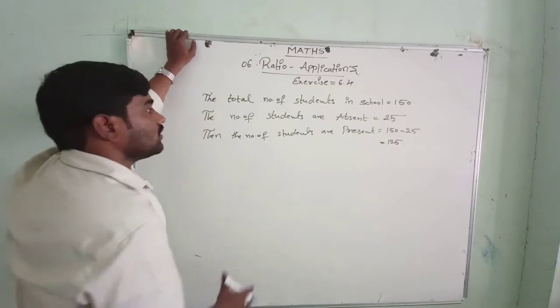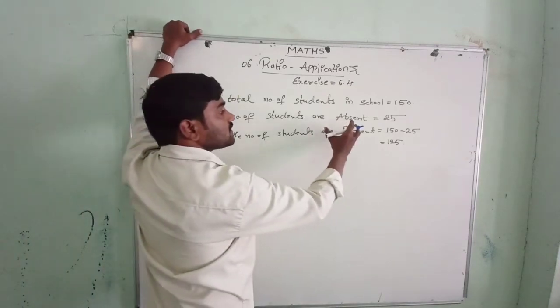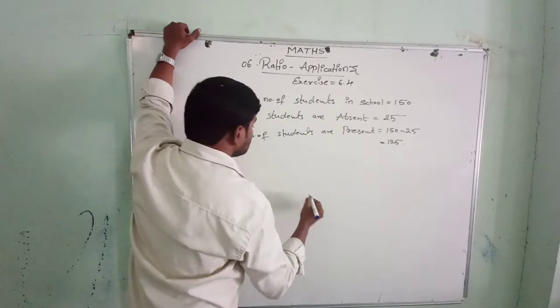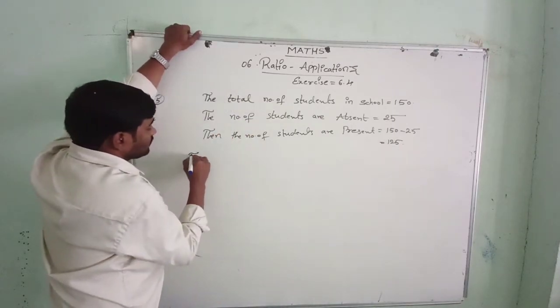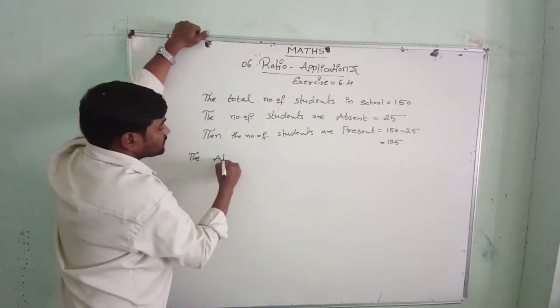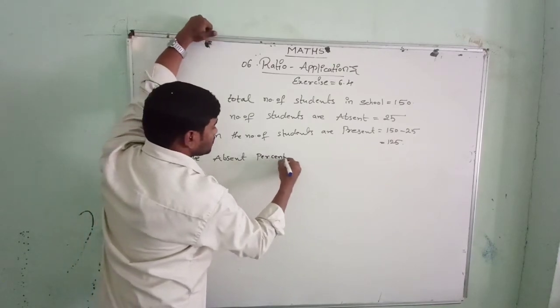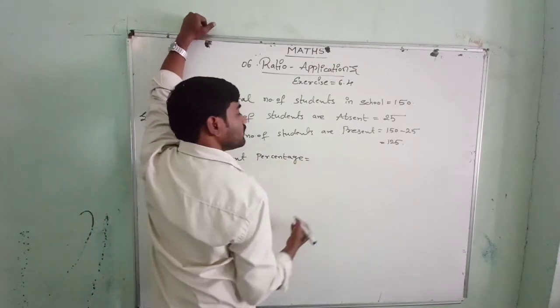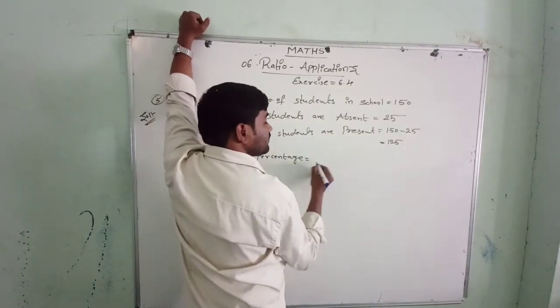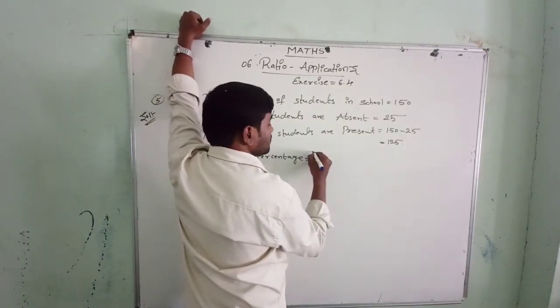Now we have to find out the absent percentage and present percentage. So the absent percentage is equal to the number of children absent by the total number of children into 100%.